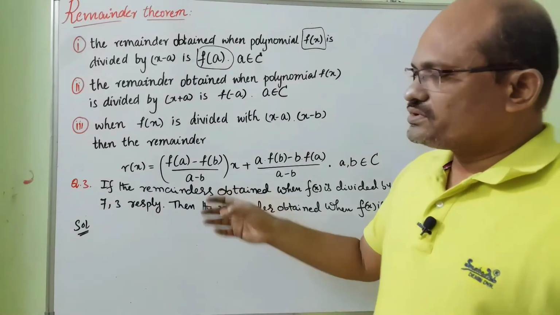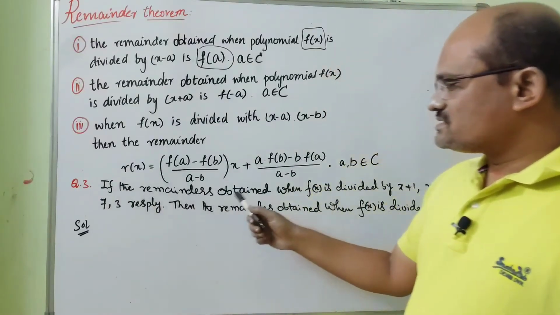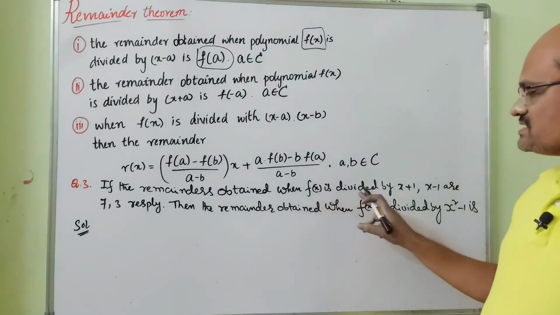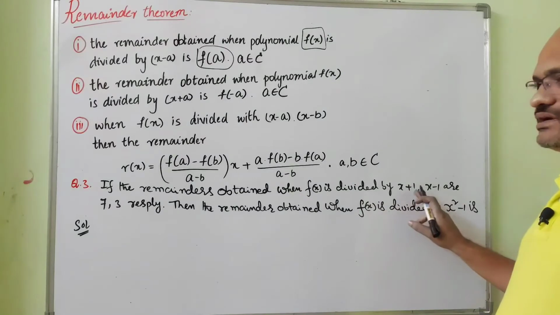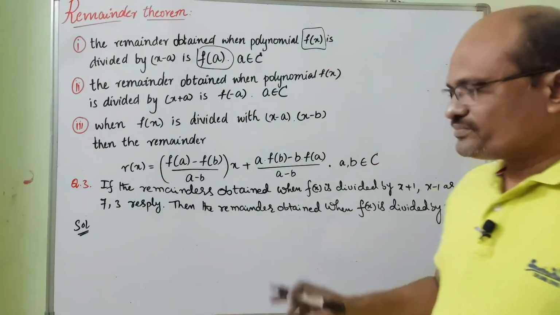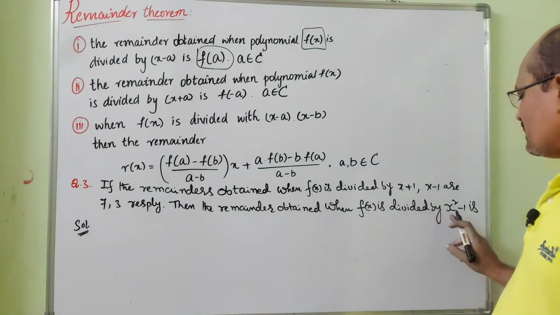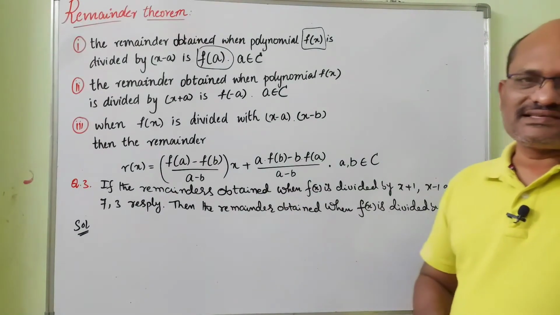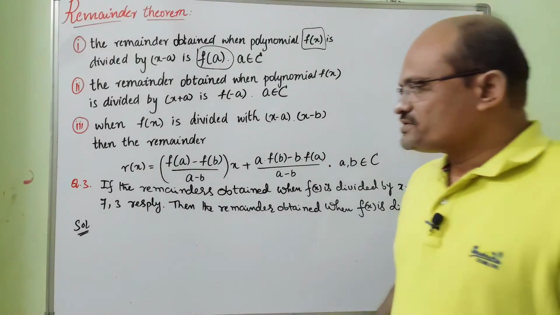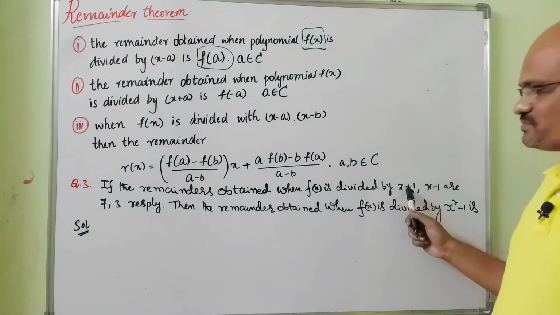Students, now I am going to discuss question number 3. If the remainders obtained when f of x is divided by x plus 1, x minus 1 are 7, 3 respectively, then the remainder obtained when f of x is divided by x square minus 1 is. That is the question. Here f of x is divided by x plus 1.